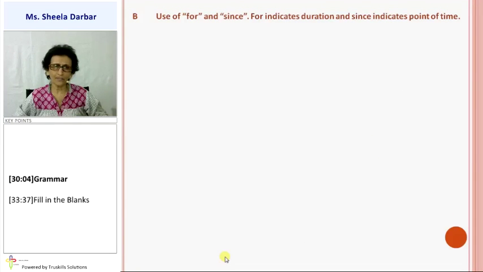The B part of this segment, use of for and since. For indicates duration and since indicates point of time. So see, keep this in mind. For, time duration, and the second one, point of time.